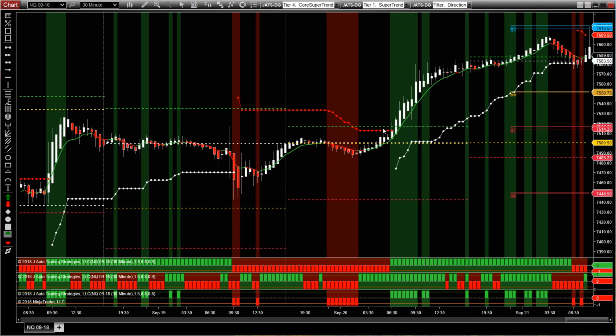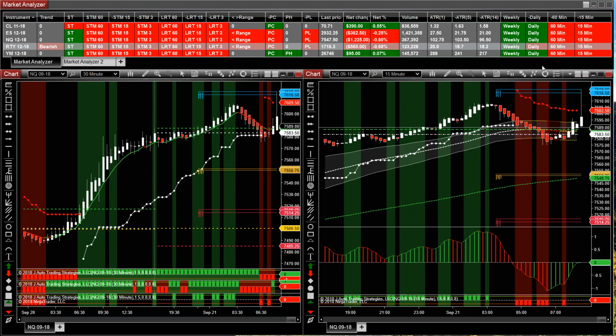When you have your higher time frame trend locked in, that's when you want to go to your lower time frame chart, like your high-low one. Let me find the high-low one real quick.